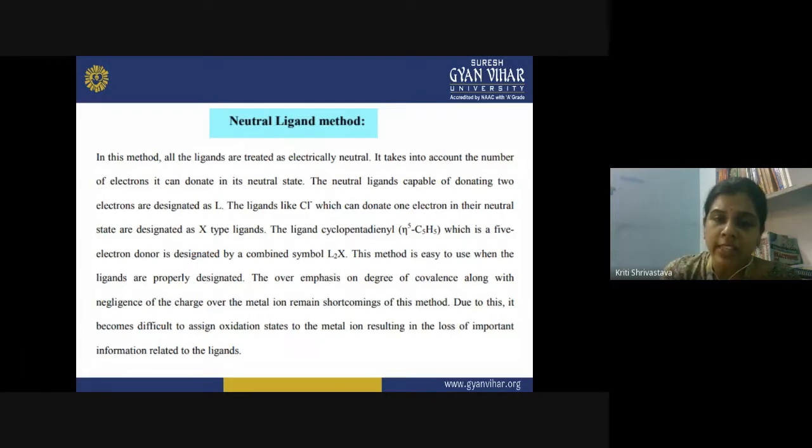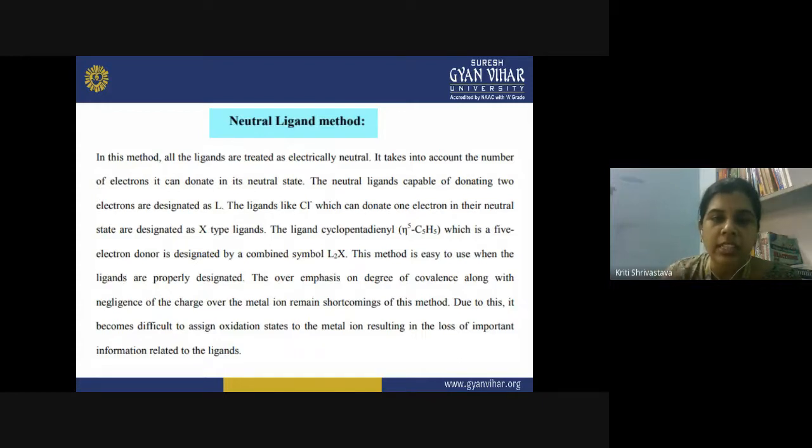So this method is easy to use when the ligands are properly designated. We are considering the ligand as a neutral species, and then we consider the electronic contribution. The overemphasis on the degree of covalence along with the negligence of the charge over the metal ion remains the shortcoming of this method, because you are putting too much emphasis on the degree of covalence, and also you are neglecting that there could be some charge present on the metal ion as well.